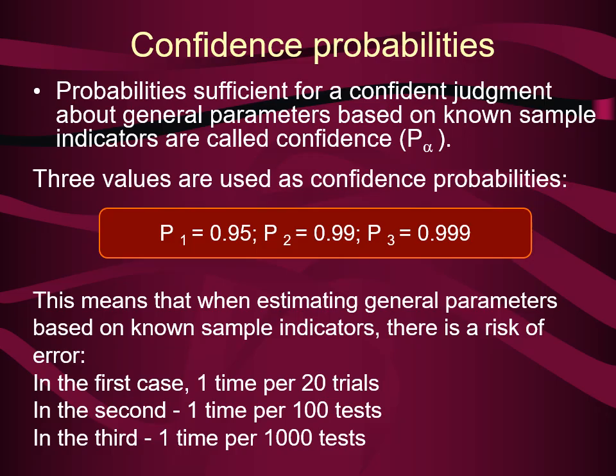In statistics, it is customary to use three values as confidence probabilities. Look, all three values are close to 1. That is, the probabilities of these random events must be assumed.